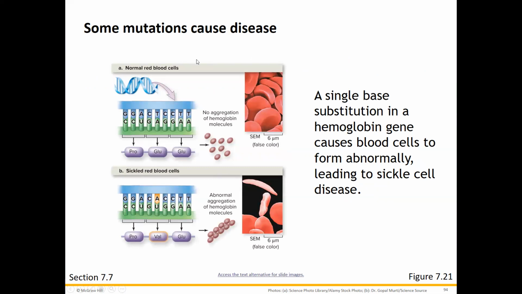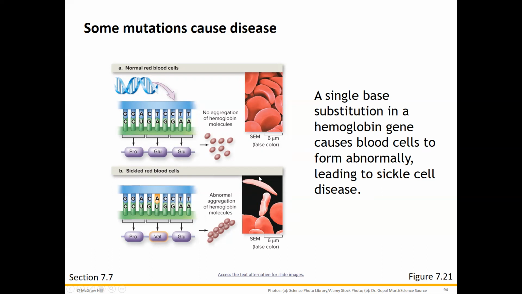So we've also looked at sickle cell anemia and cystic fibrosis. We know that there are mutations that cause disease. It can happen with a single base substitution. And this hemoglobin is the one that they referred to in the past that causes abnormally formed hemoglobin, which causes the blood cells to take on abnormal shapes.